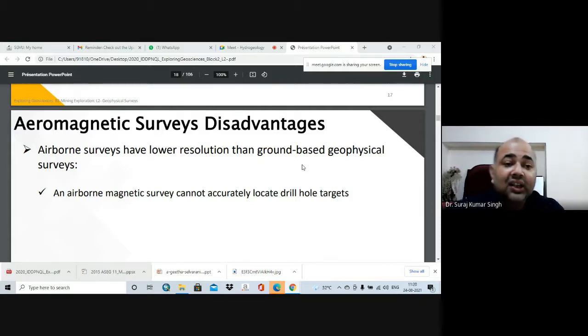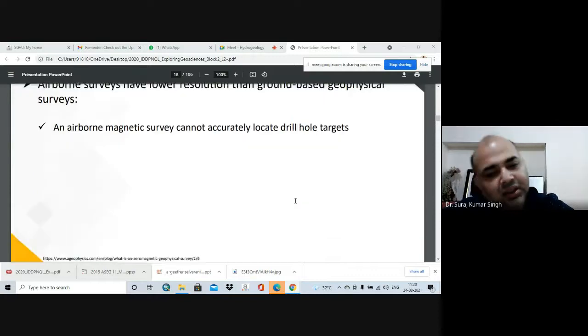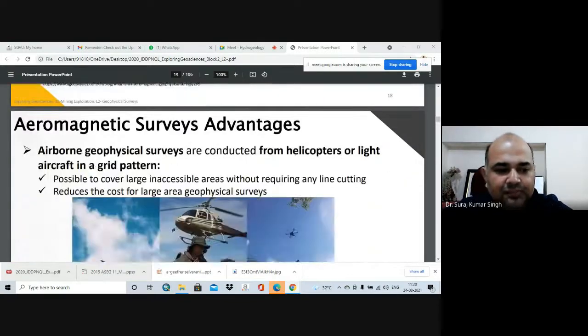That's why when you go for a ground based survey, the resolution is high because you're doing a localized survey. But with airborne surveys, whether drone based or aircraft based, there can be a problem of resolution, because many times you will require high resolution data, and for that you have to perform a drill hole.